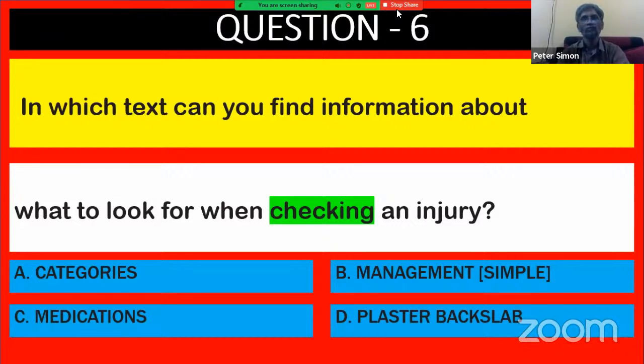So question number 6. Checking means what? See from the four words. Checking means what?